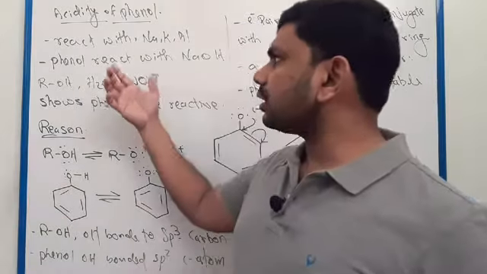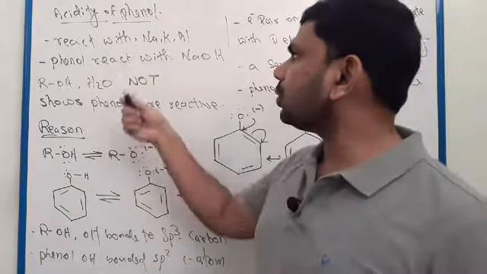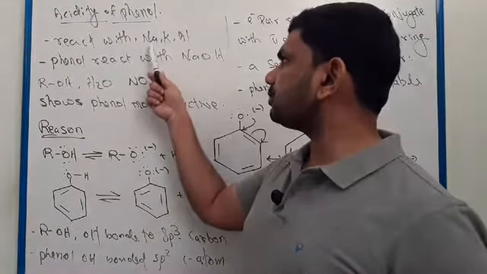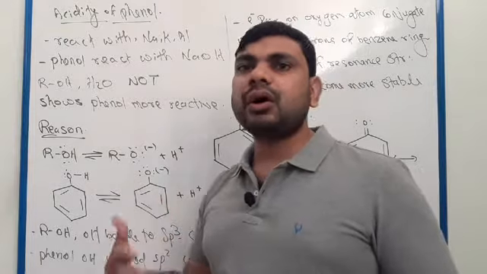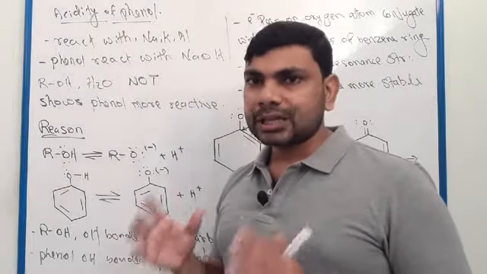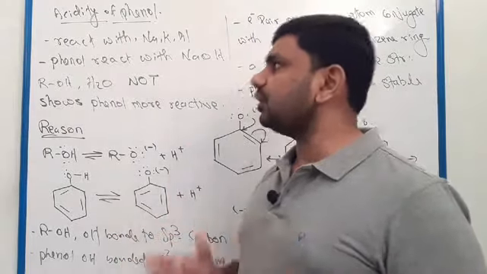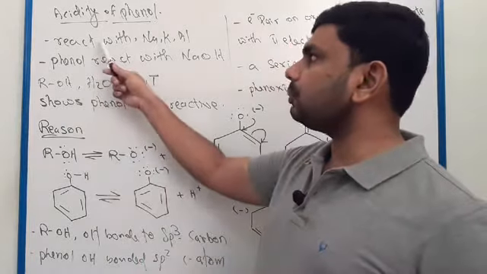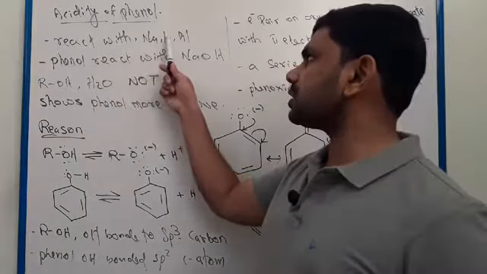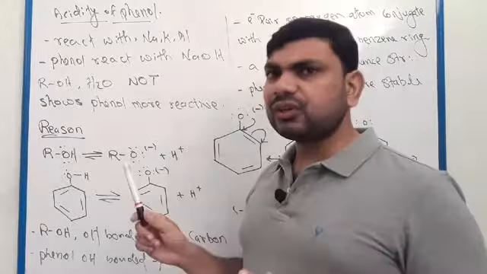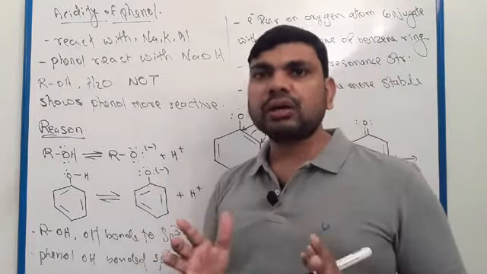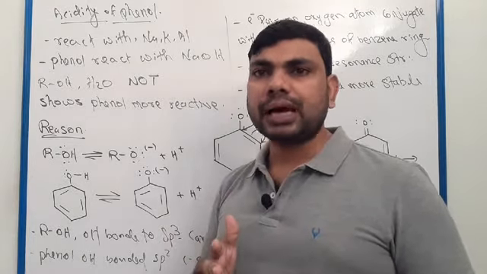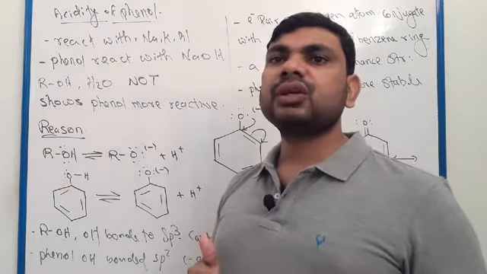So alcohol and phenol react with sodium, potassium, aluminum and form the corresponding oxide. But alcohol, only phenol: alcohol and phenol both react with sodium, potassium, aluminum, but only phenol reacts with sodium hydroxide. Only phenol reacted with sodium hydroxide forms sodium phenoxide and water.